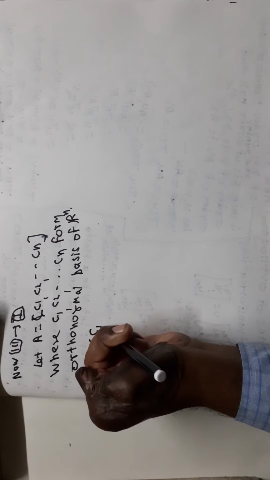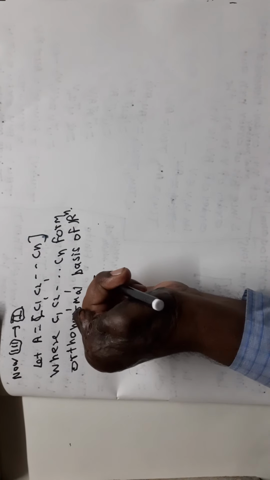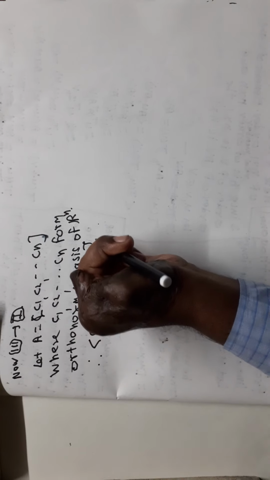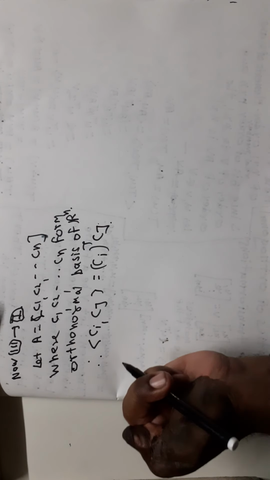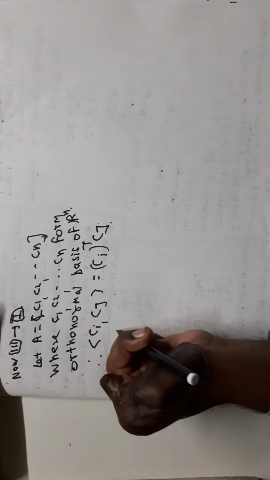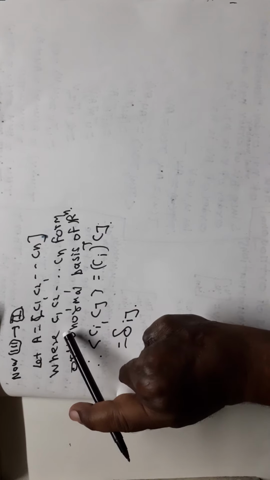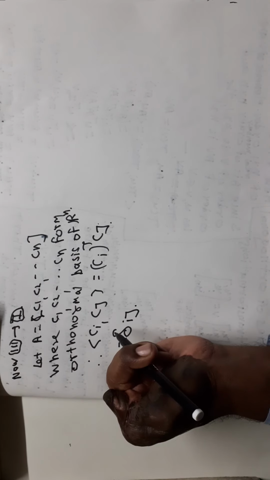From there, the angle bracket Ci, Cj is equal to Ci transpose Cj, which is equal to delta ij, because C1, C2, ..., Cn form an orthonormal basis of Rn, and according to the definition of an orthonormal set of vectors, angle bracket Ci, Cj is equal to Ci transpose Cj.